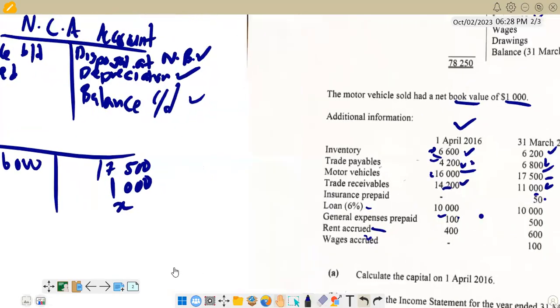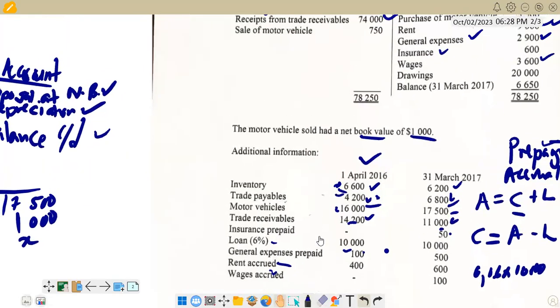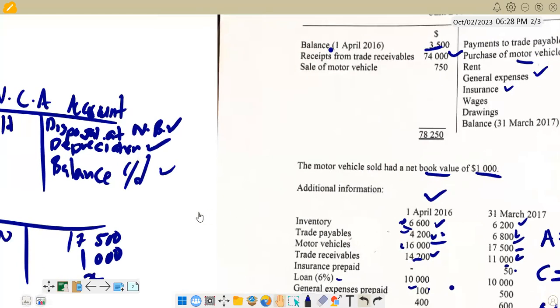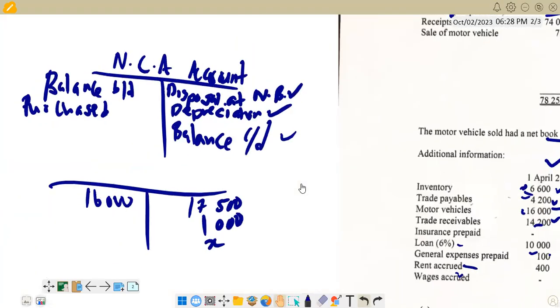Do we have anything? Yes, we have got purchases. Let's go up there. Sorry, we said there were no purchases, but there was a purchase here. So we are supposed to put it on the debit side at cost price.